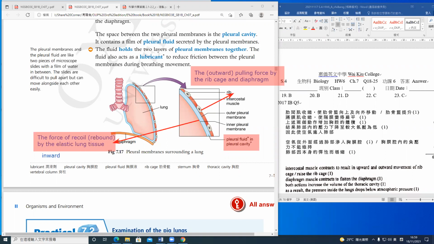So why does your lung keep expanding? The lung can be expanded due to the intact pleural cavity, intact pleural membrane.